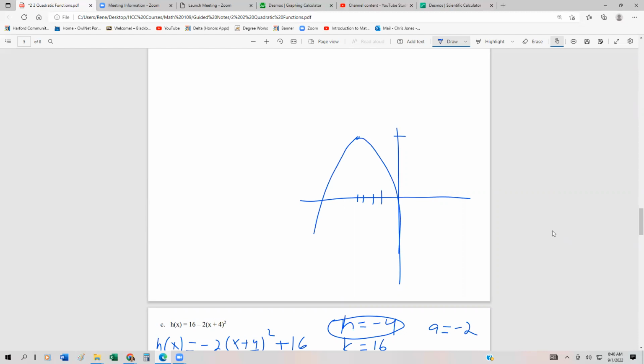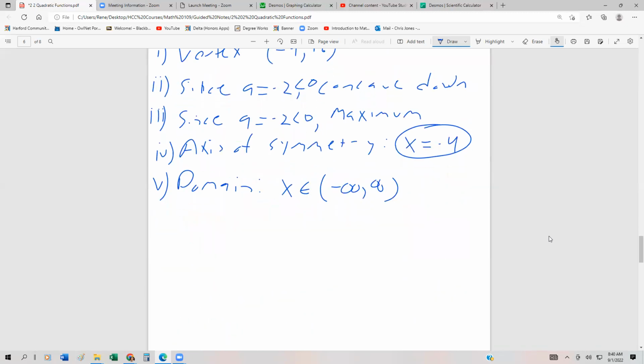So it looks like this is going to go from -infinity. It's just going to keep going down. And up here is the point -4, 16. And so for our range, I know that our range is going to go from -infinity up to 16 inclusive.